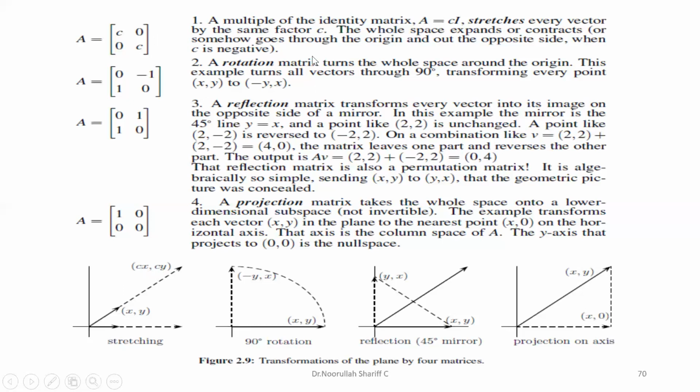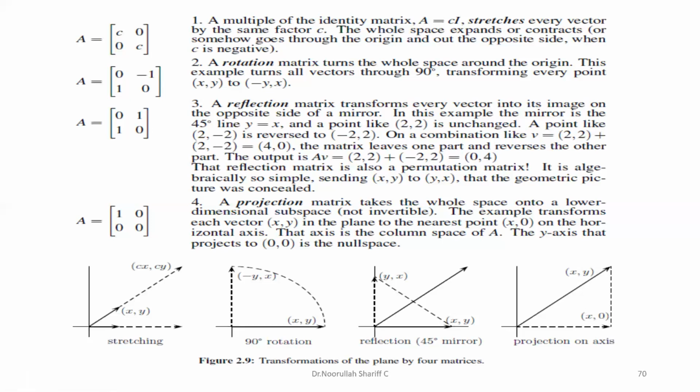The second one is the rotation matrix, which turns the whole space around the origin. This example turns it by 90 degrees. For example, if you multiply this matrix A, which is 0, minus 1, 1, 0, with xy, then 0 into x plus minus 1 into y gives us minus y, and 1 into x plus 0 into y gives us x.